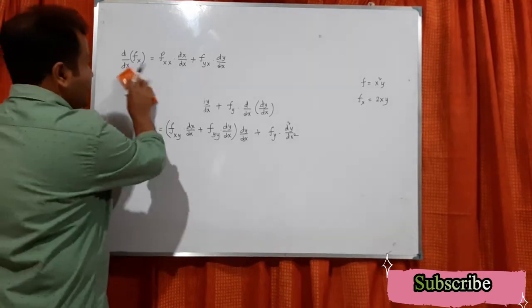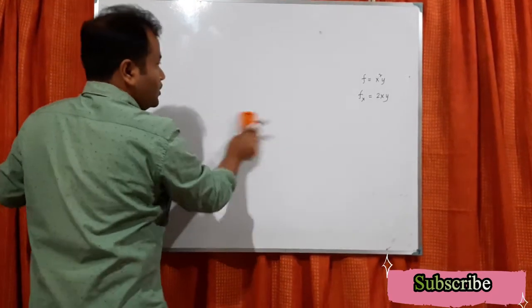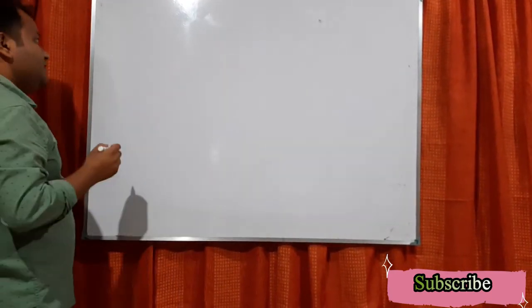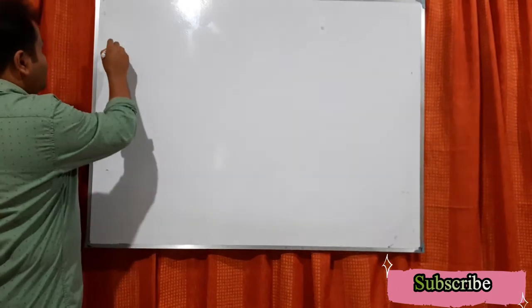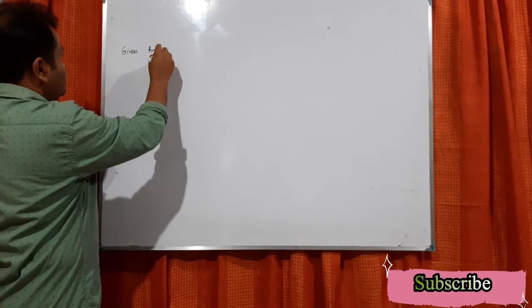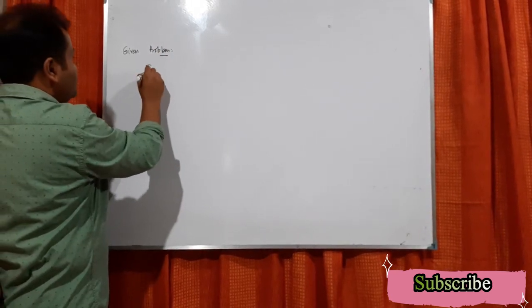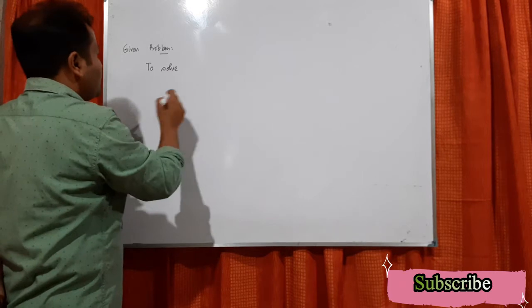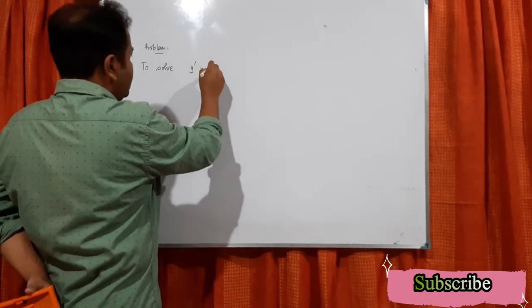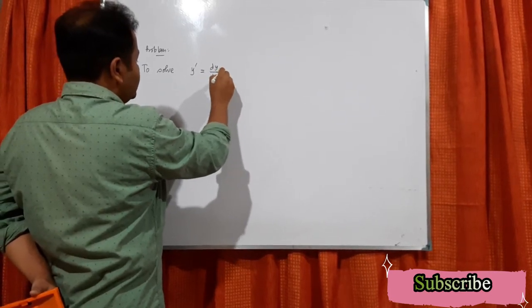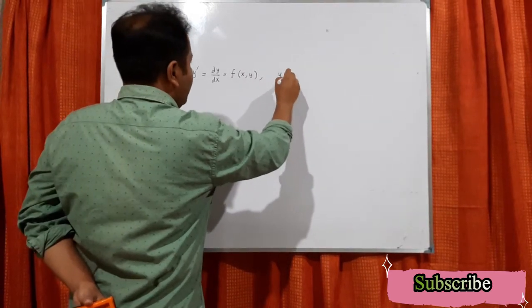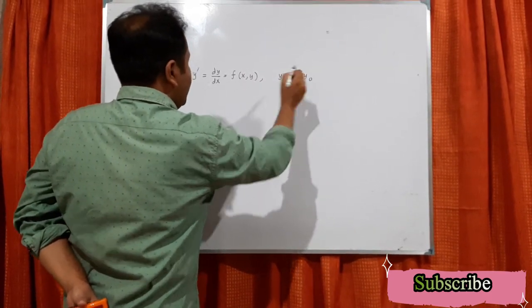Okay, so in this process we can get the idea of multivariable derivative. Now let us come back to the main situation. Why is this multivariable calculus needed and how can we solve this Taylor series problem? So what is the given problem? The given problem is to solve y dash, or dy/dx, equals f of x, y, and y of x naught equals y naught.